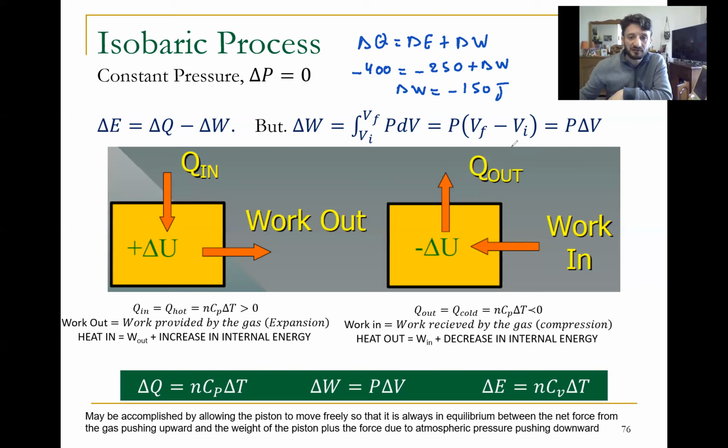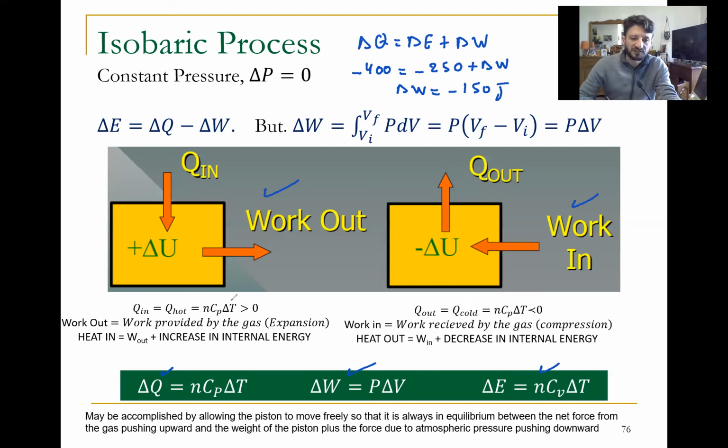If Q is negative, we have a negative value of delta U, and the volume will decrease. Delta Q equals n Cp delta T, because we have a constant P. dW equals P dV, and dU equals n Cv delta T. You have to know this point.